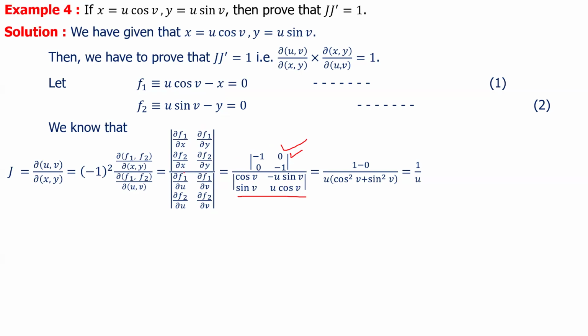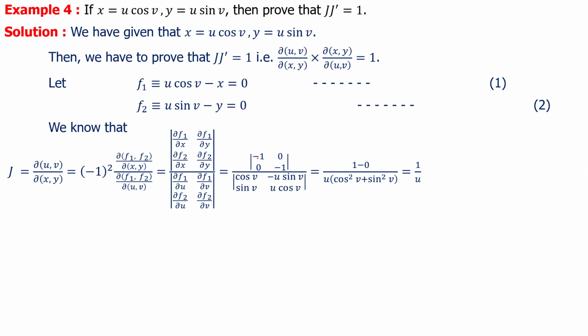The partial derivative of f1 with respect to u is nothing but cos v. Just look here, it is cos v. Derivative of f1 with respect to v is minus u sin v, because the derivative of cos v is minus sin v. Similarly, derivative of f2 with respect to u is sin v, and derivative of f2 with respect to v is, derivative of sin v is cos v, so u cos v.